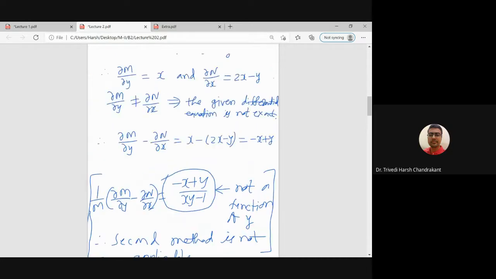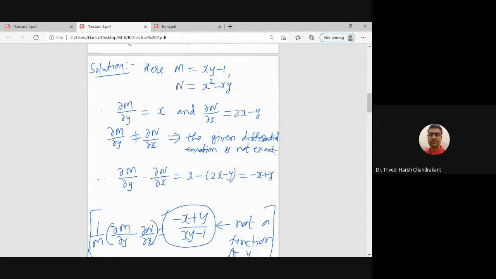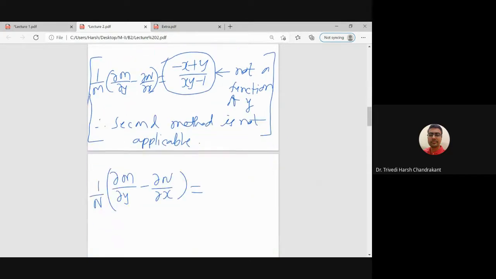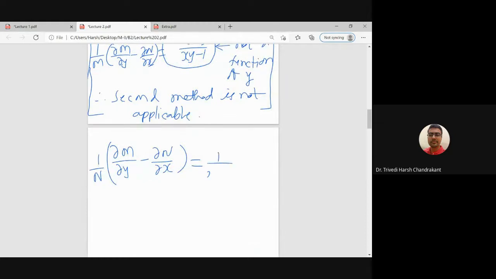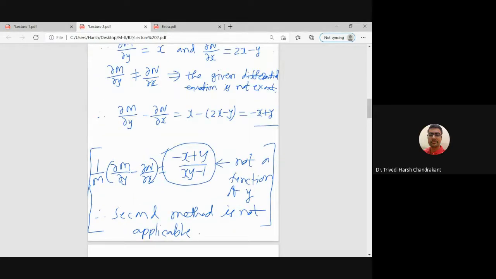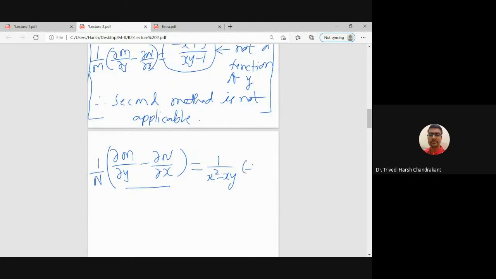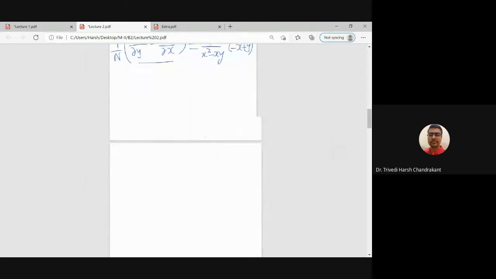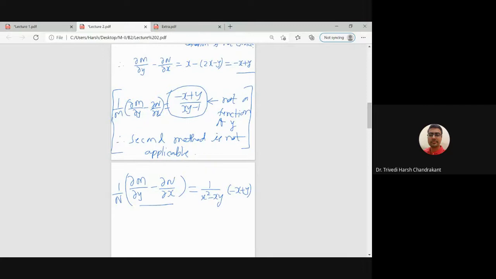So what is n here? N here is x square minus xy. So let us divide by x square minus xy, and this we already found here, that is x minus x plus y. So we can see that the denominator is x square minus xy, that is x times x minus y.